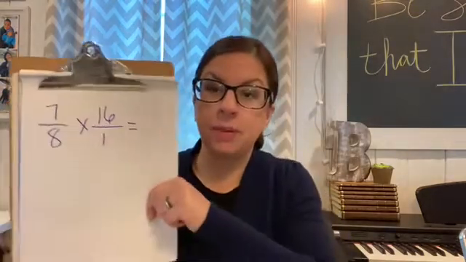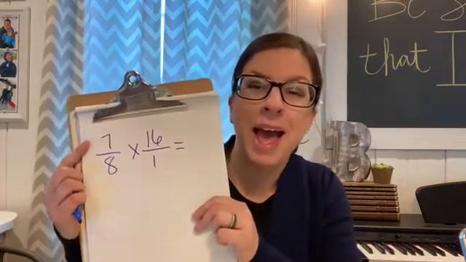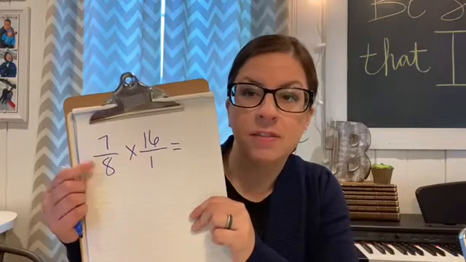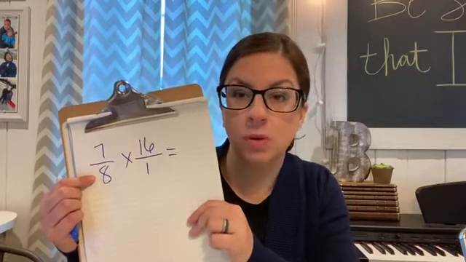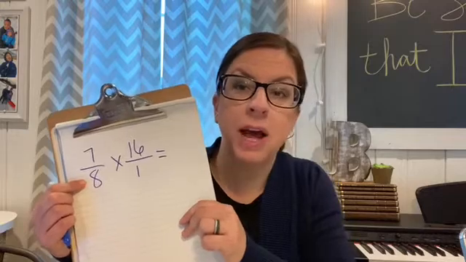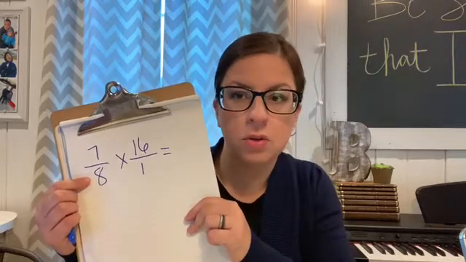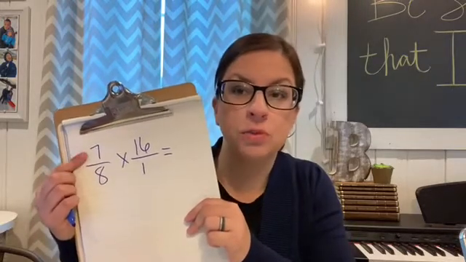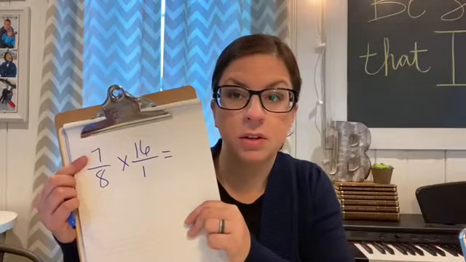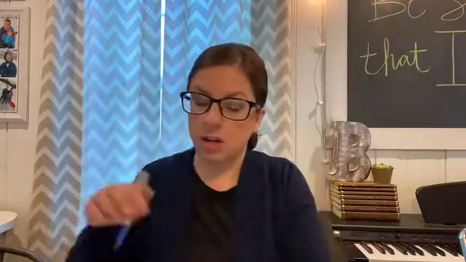One way to do it: if you divide 16 into 8 groups, how many would each group have? 2. So if you had 7 groups of 2, what would you have? 14. Good.